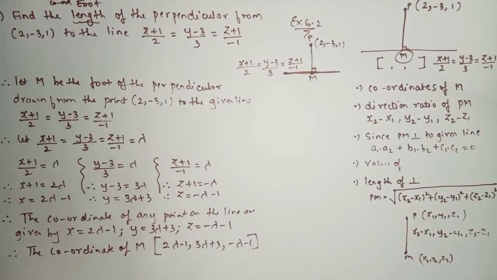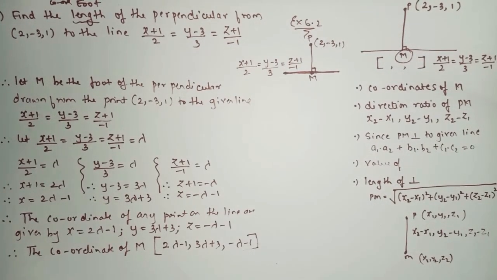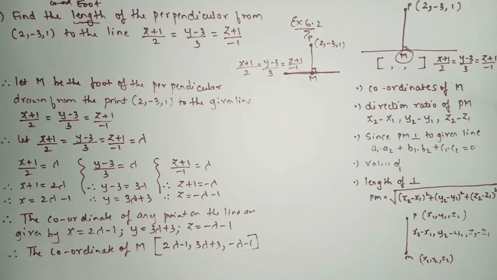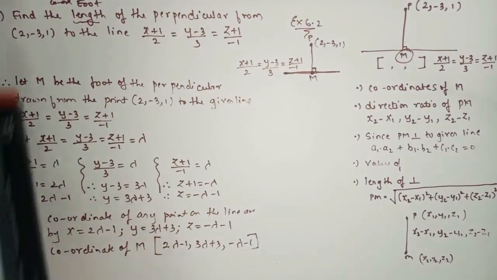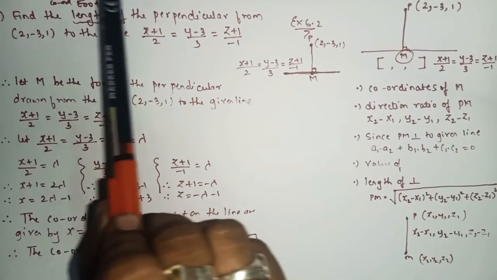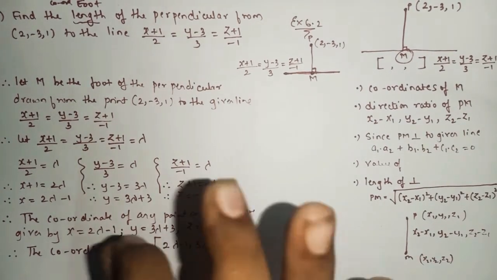This sum is very important from the board point of view. It carries 3 to 4 marks. In the exercise there are 3 to 4 sums based on this type, where they will say you have to find the length of the perpendicular, or sometimes find the coordinate of the foot and also the length of the perpendicular. In exercise number 6.2 there are 4 sums based on this concept.